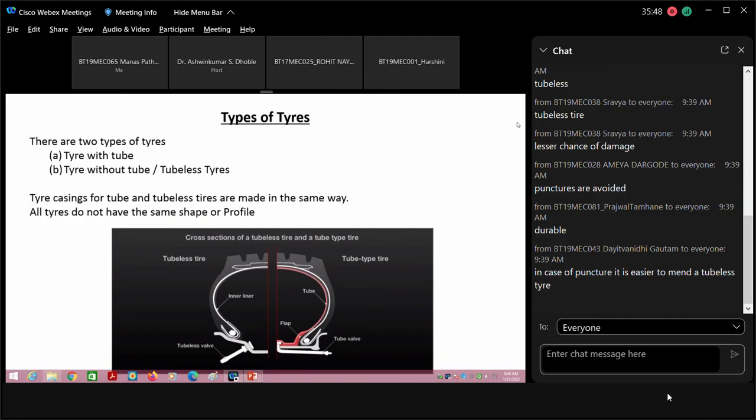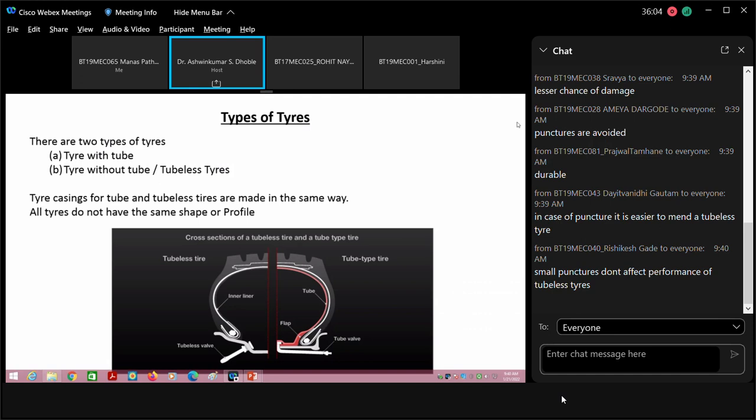Can you justify? Sir, Sravya is saying lesser chance of damage. I don't agree. How can we say that it is going to have lesser chance of damage? As far as the manufacturing is concerned, both are almost the same. There's hardly any issue with them.